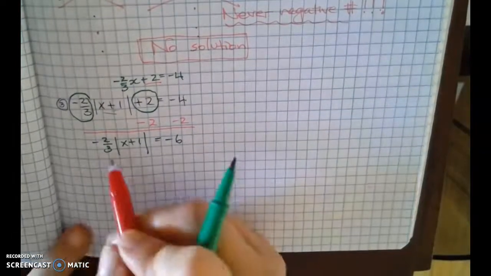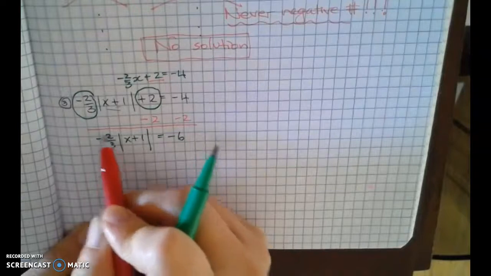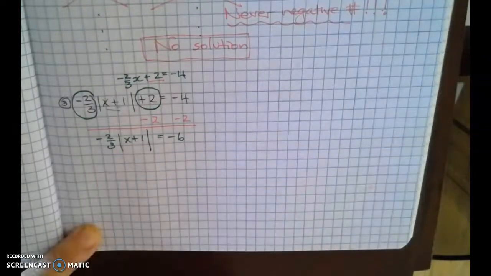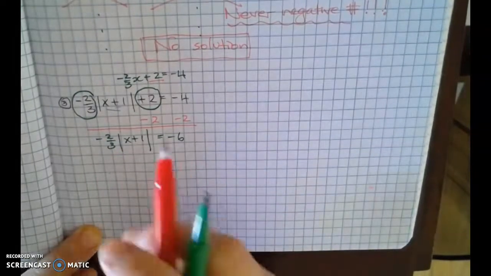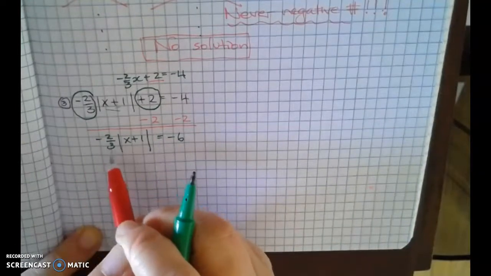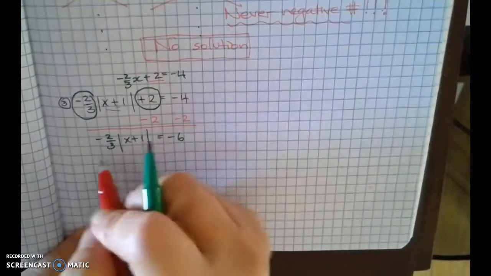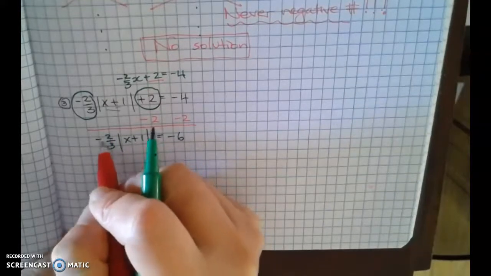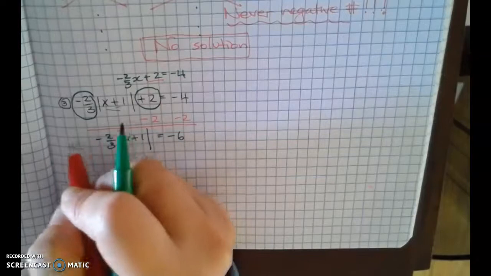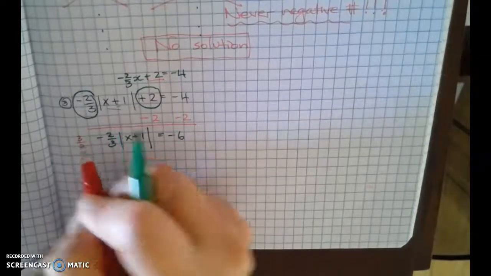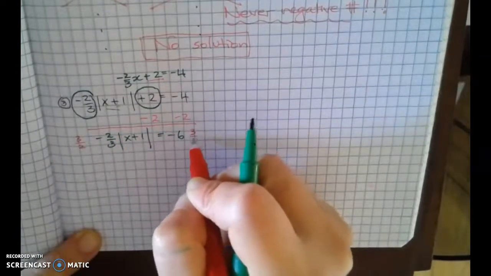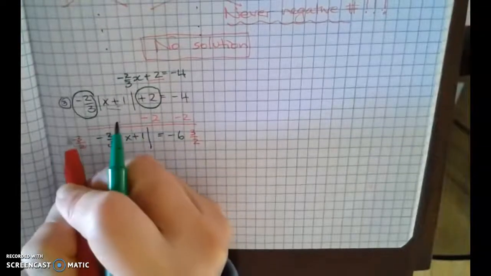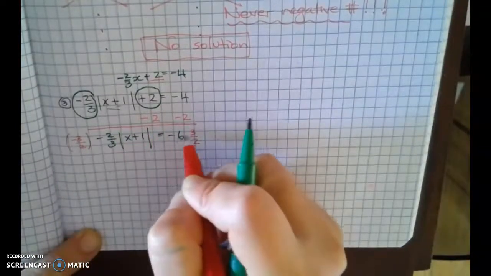Okay, so then I have to be thinking, okay, I am multiplying by a fraction, a negative fraction for that matter. How can I get rid of this negative 2 over 3? Well, the easiest way is to multiply by its reciprocal. What is its reciprocal? You flip the fraction over, but you keep the same sign.